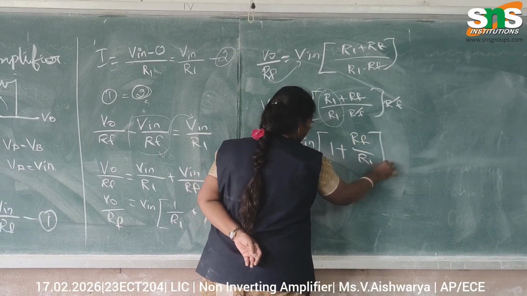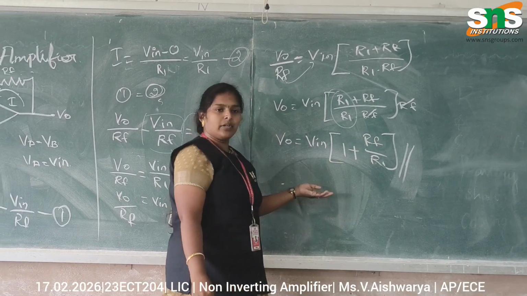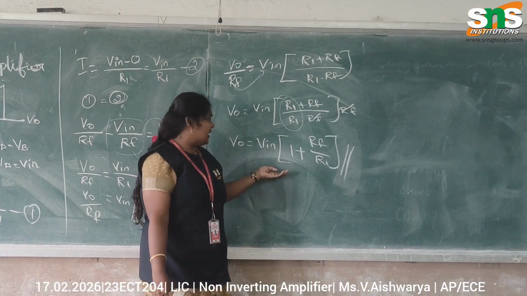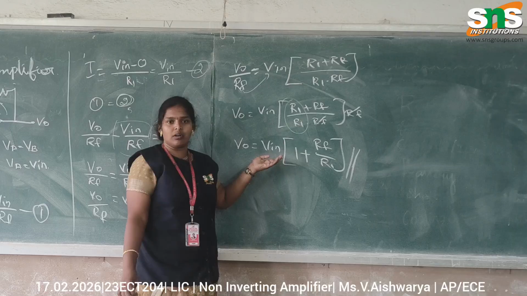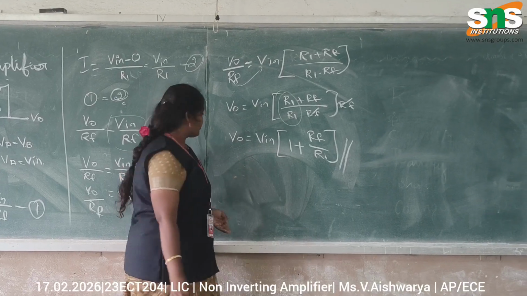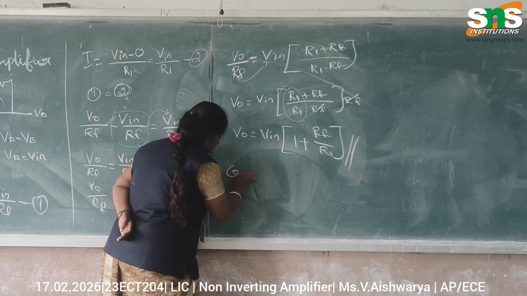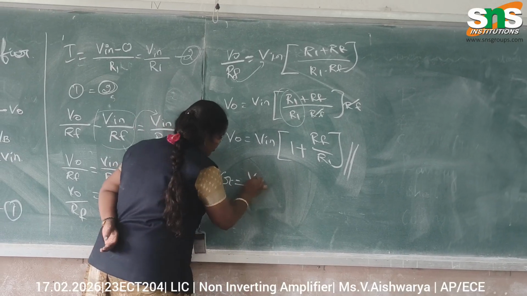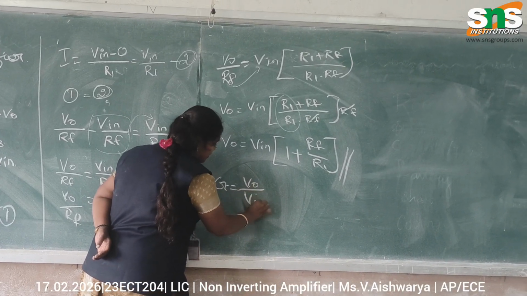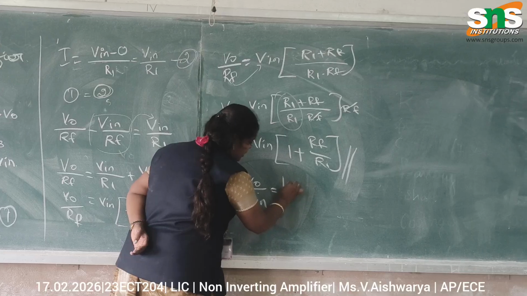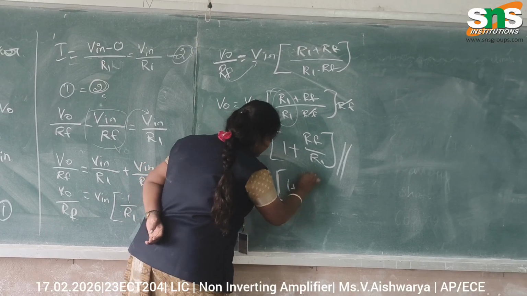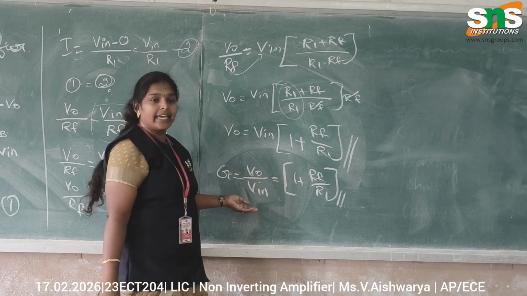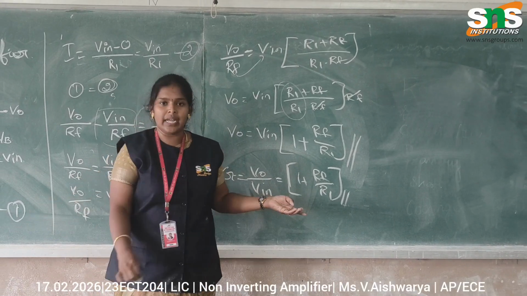This is our non-inverting amplifier output. Next, by using this, we find the gain value. G equals output by input, V naught by V in. The value is 1 plus RF by R1. This is the gain of the non-inverting amplifier.